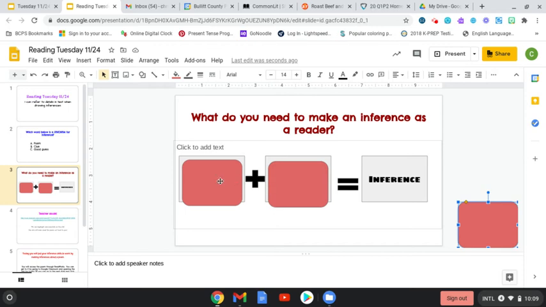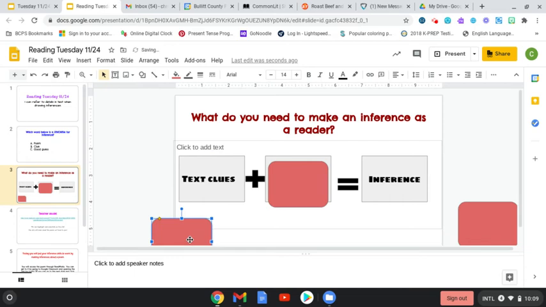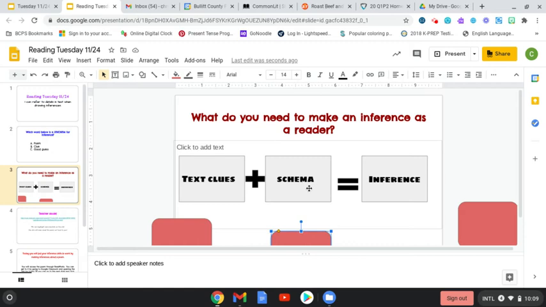So the first one would be text clues, and then you combine that with your schema, your background knowledge. So I find text clues. I think about my background with those text clues and what do those things mean to me? What kind of connection do I have with those text clues? That's my schema. And then that helps me create my inference.